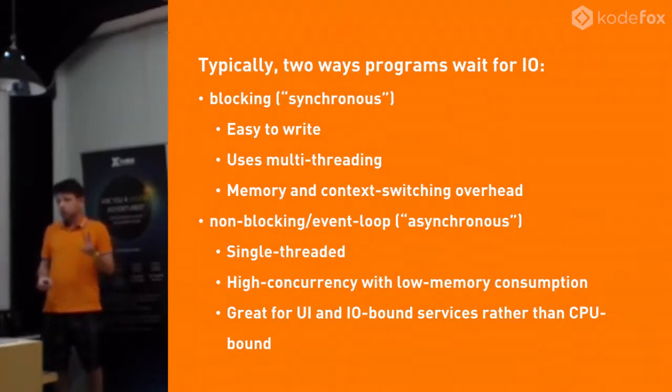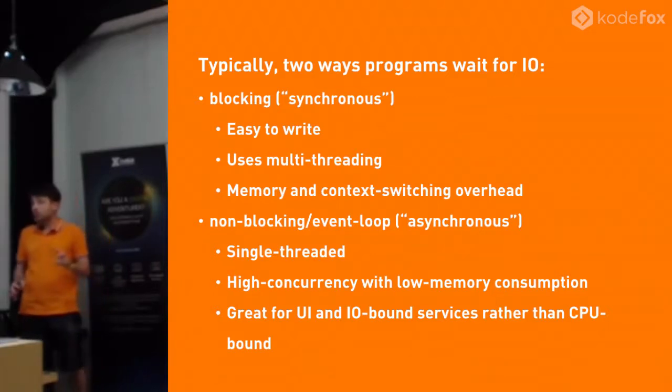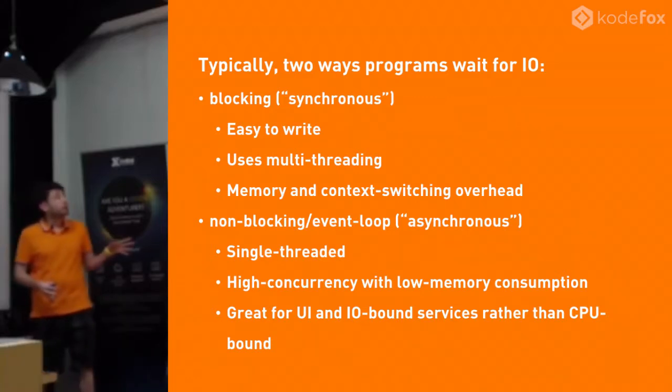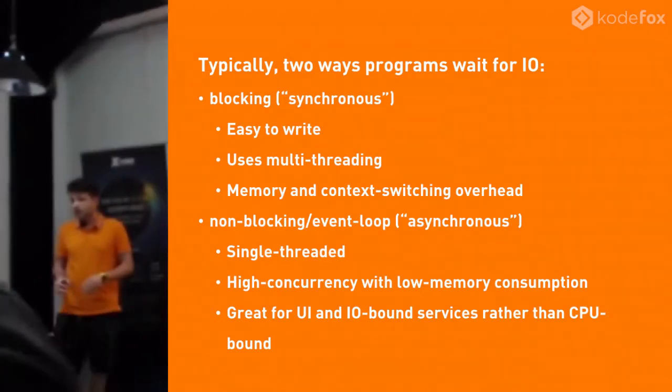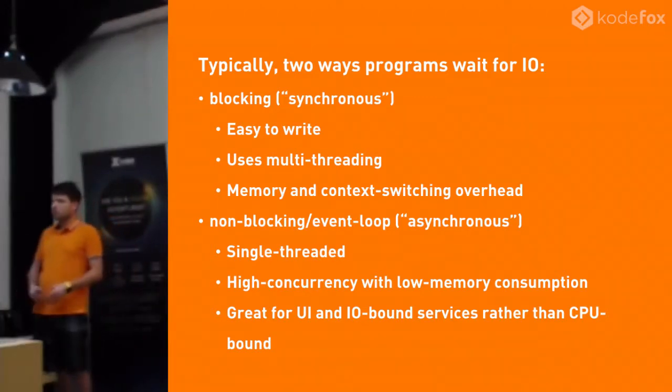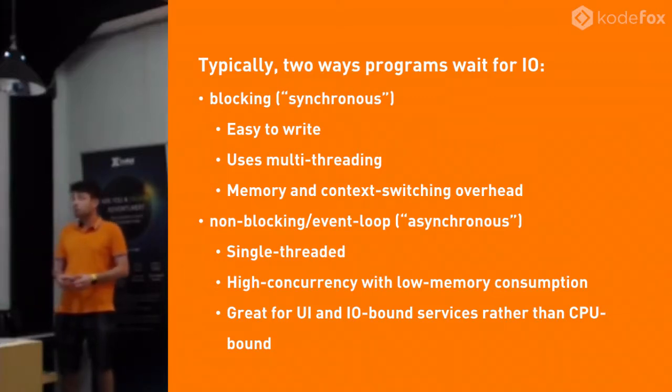There are typically two ways for a program to do those kinds of tasks. To do I/O specifically, we have the blocking or synchronous style, which is easy to write. It's what PHP and Ruby and Python and most server-side technologies are doing: synchronous or blocking I/O.